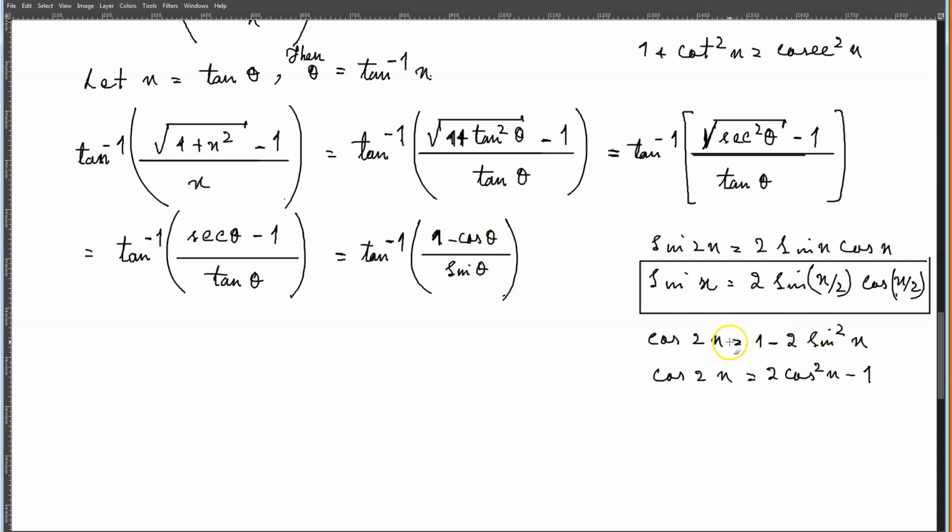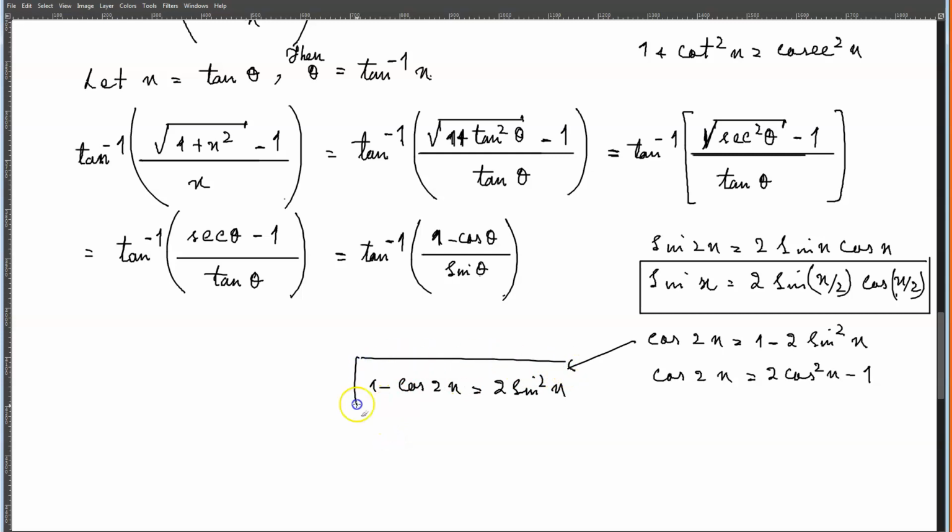Or I can write 1 minus cos of 2x, keeping 1 on this side and taking cos 2x to the other side, and then taking this term to the other side, which becomes 2 sine squared x, right?